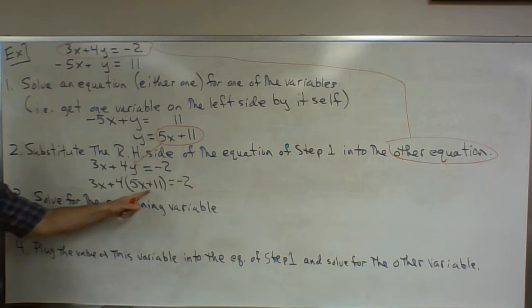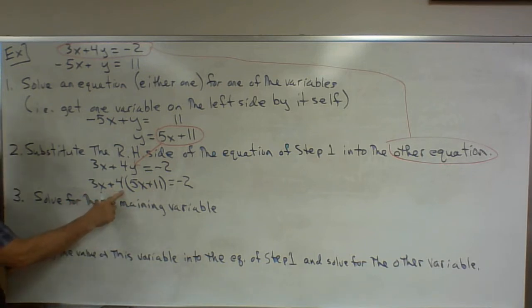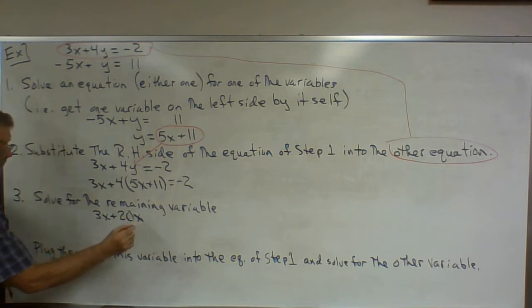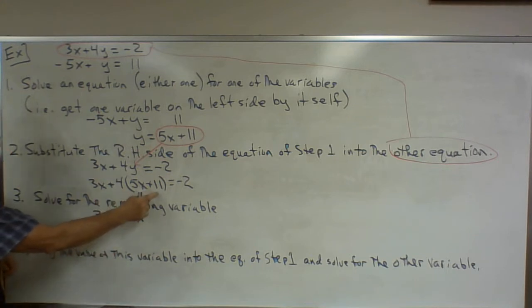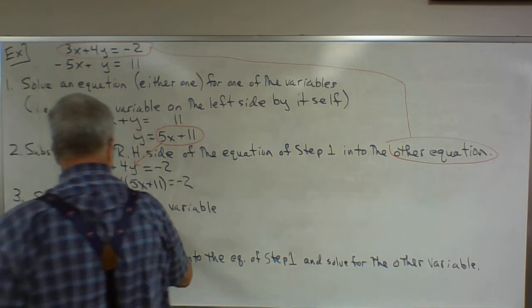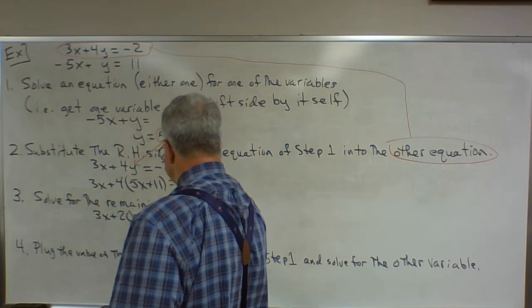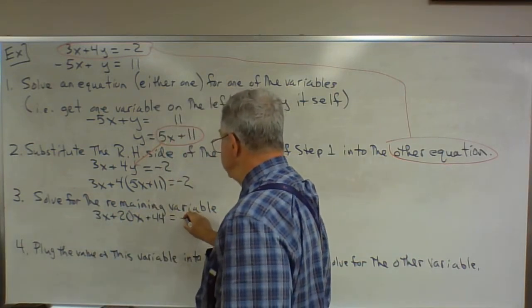But it looks like we're going to have to simplify first. I'm going to take this 4 and distribute it inside the parentheses. So that'll give me 3x plus 4 times 5x is 20x. 4 times 11 is 44 equals -2.